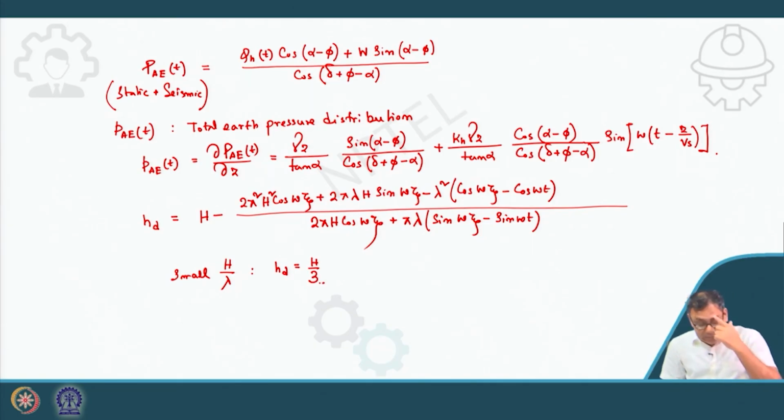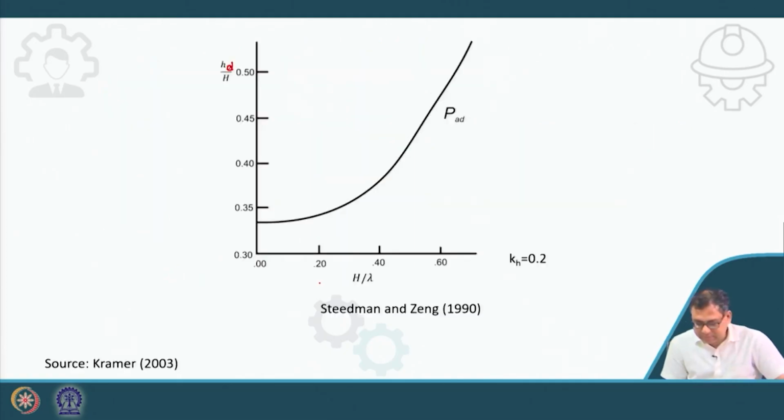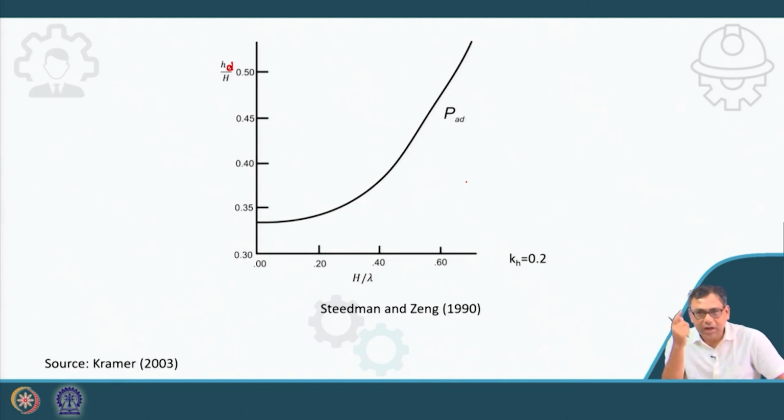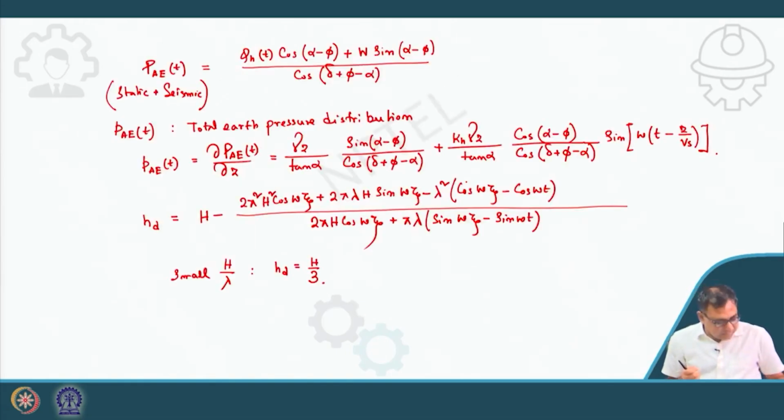But as h by lambda increases, where lambda is the wavelength that I mentioned, the point of application also moves to the higher side of the wall. Clear? So, this is your pseudo dynamic approach.